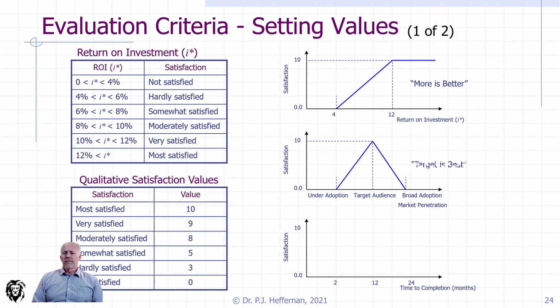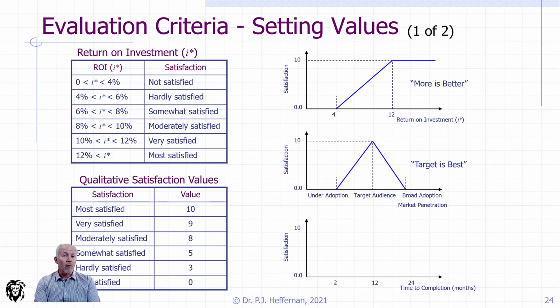Now, it's equally possible that you actually don't want more is better. What you want to do is to focus in on a specific target. In the example that I've chosen, let's say you're looking to hit a particular target audience. Maybe it's a hole in the demographics that you're not servicing particularly well. And so you're focused very much on that target audience. You don't care if you broadly spill outside of it.